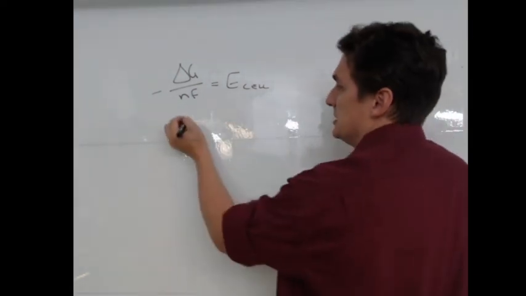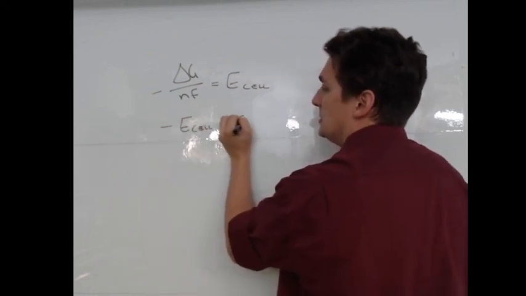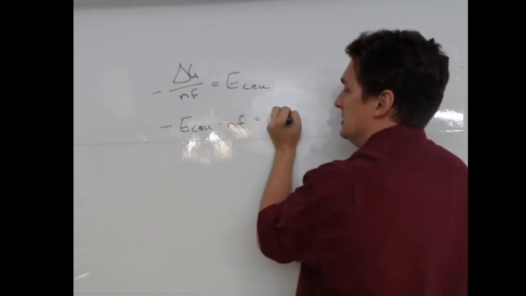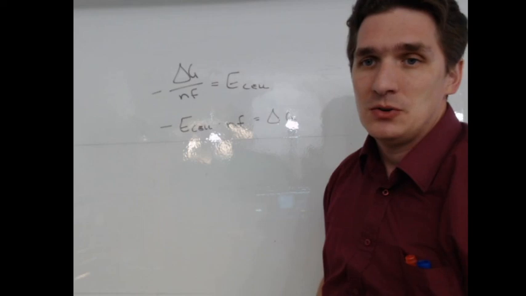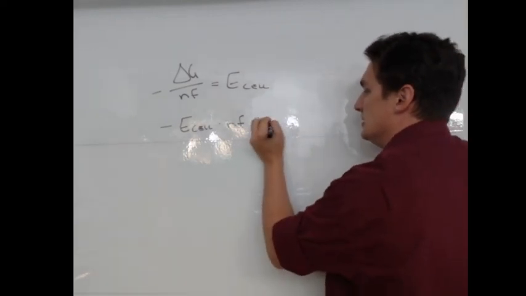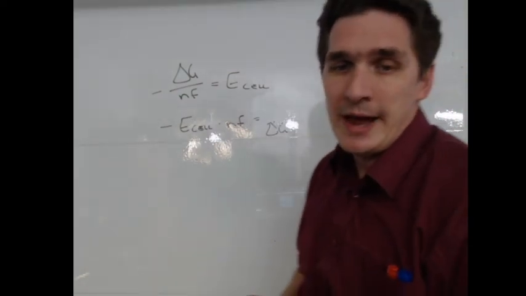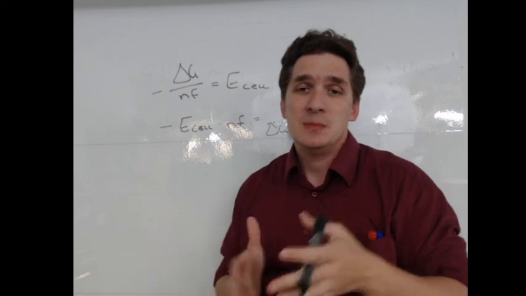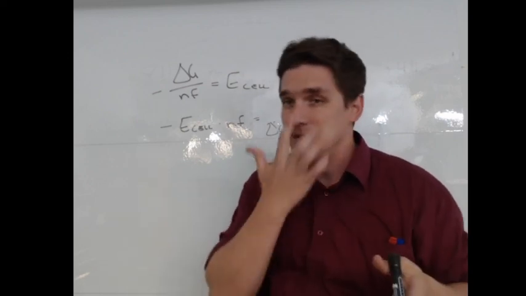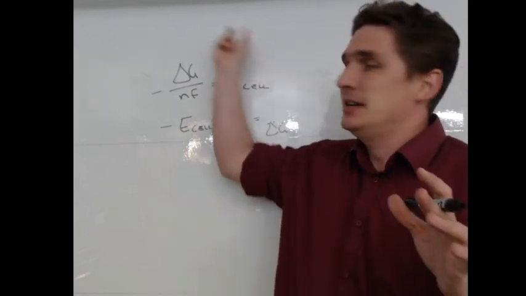Conversely, we can rearrange this: if we take the voltage times the number of electrons times Faraday's constant, that will give us the delta G. In a traditional seated course, we would actually prove this relationship, which makes it a little more informative. But because we're not here to derive the Nernst equation, this is the connection between the two.